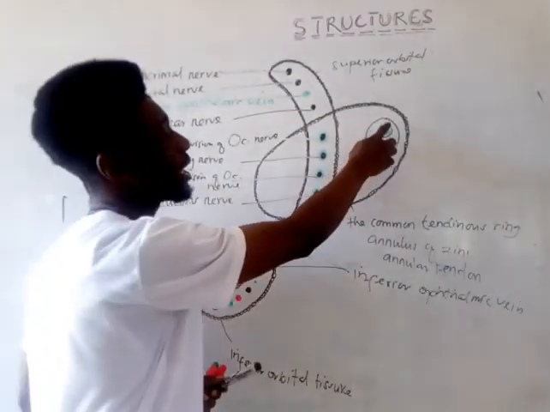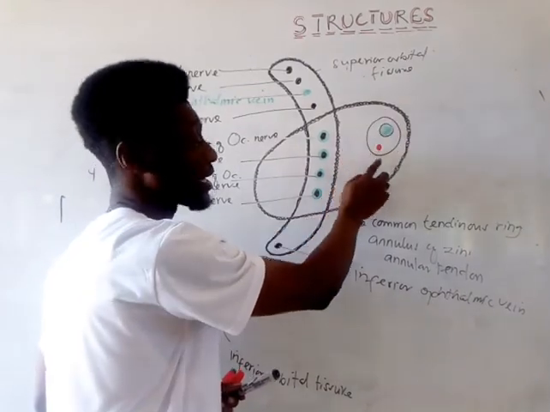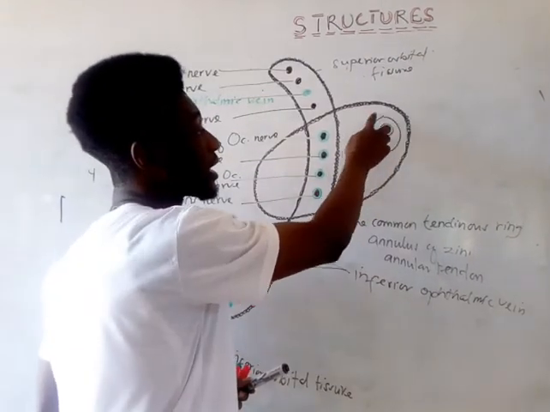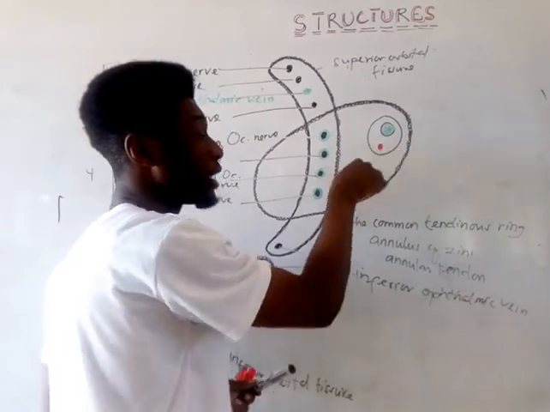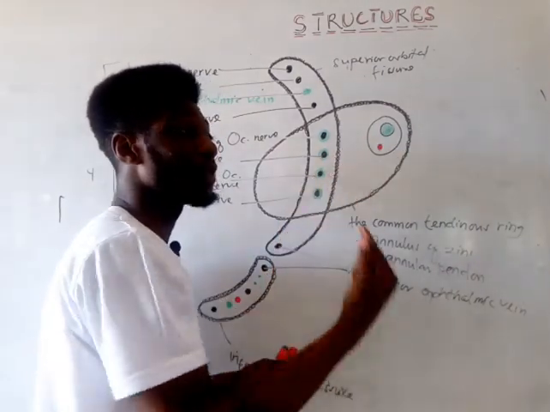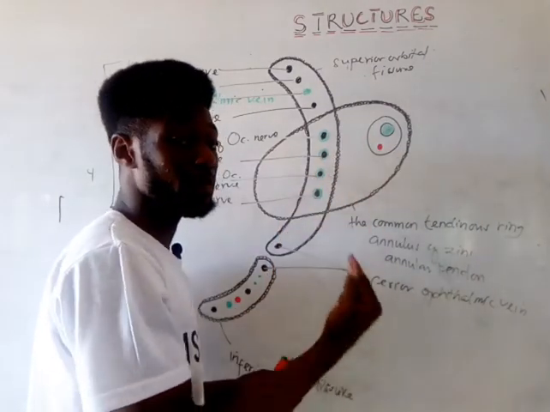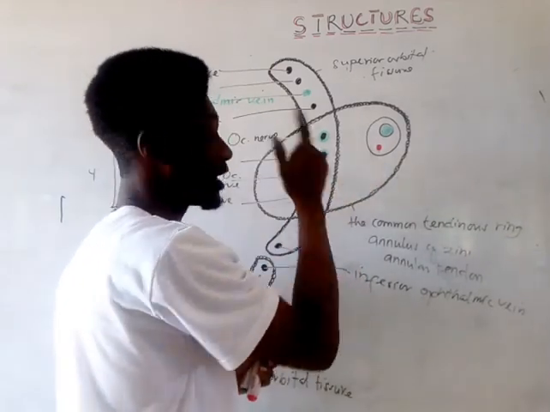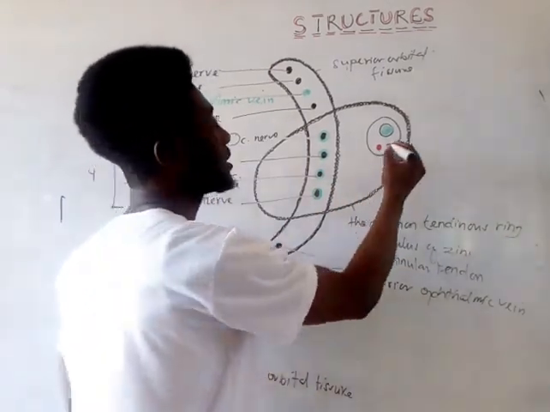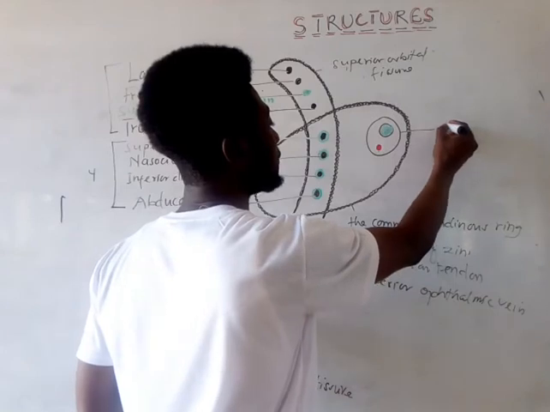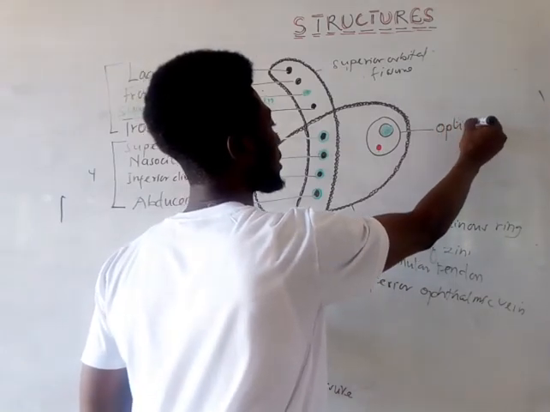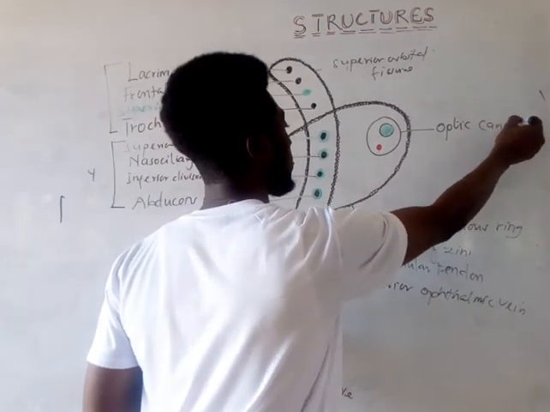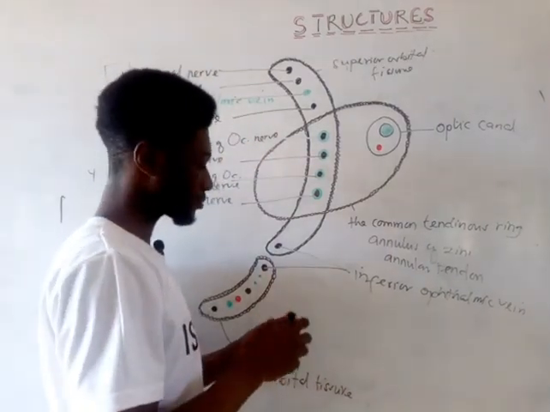Now here we see a canal, like a hole, through which some vessels and a nerve pass. This hole is the optic canal. Right, good.